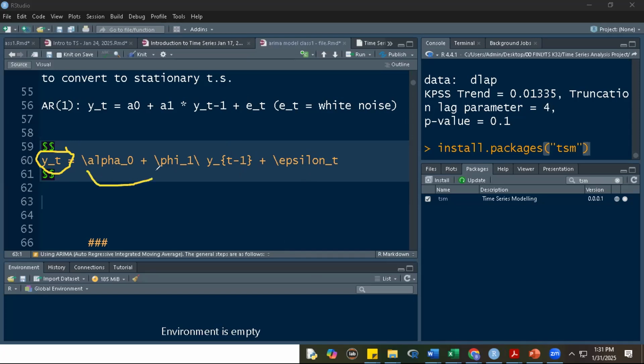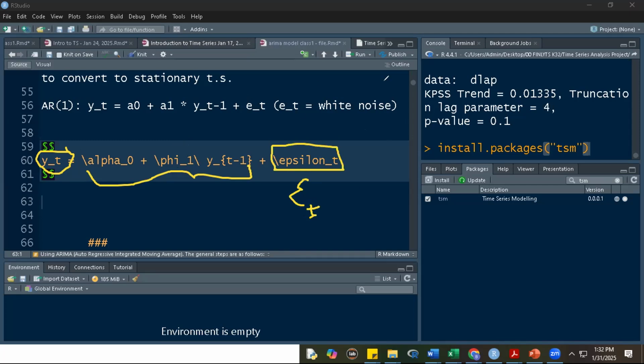Okay, this is your predicted value. This is the model value. And we said that the difference between the actual or observed value and the model value, in order for this to be equal, we have to add this residual or error term, this epsilon sub t.